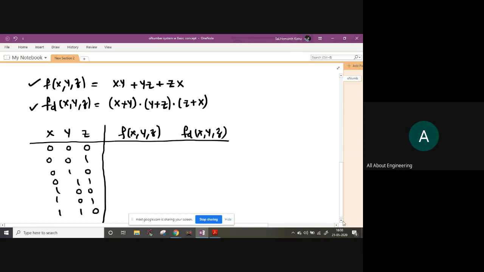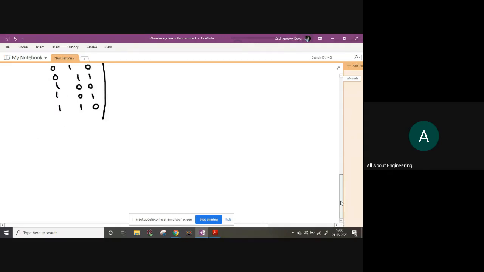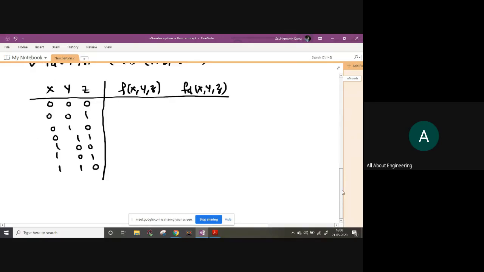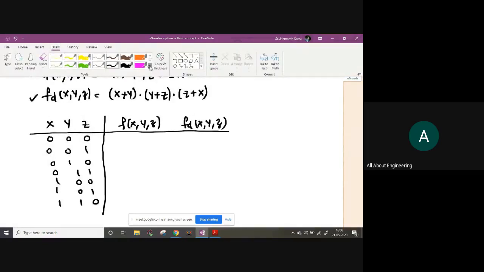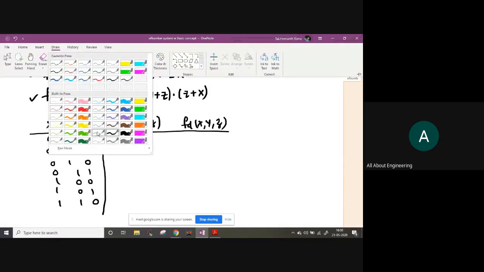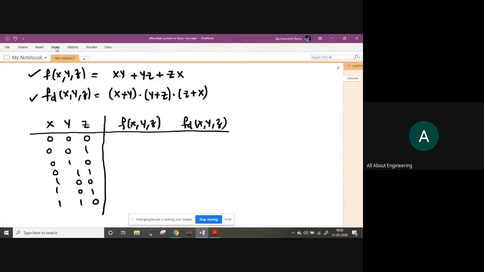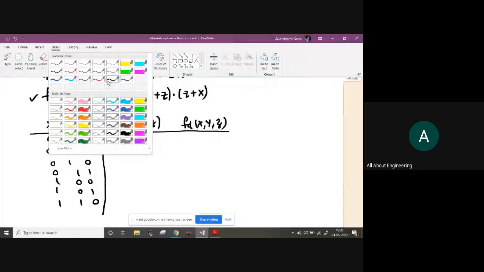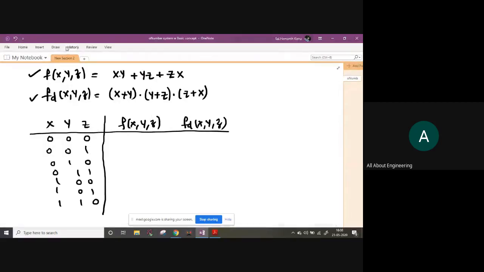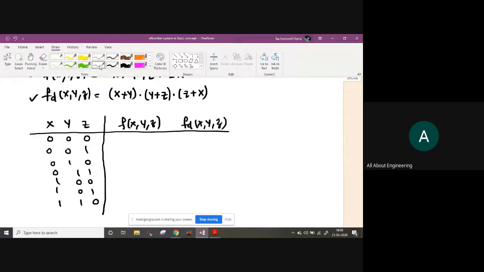Now you try to fill this truth table, and let's check what the values will be. The thickness is so much, it's not comfortable for me to write. Let me change this. Okay, now if you see, this is too small.